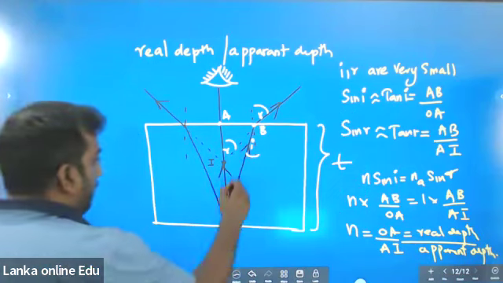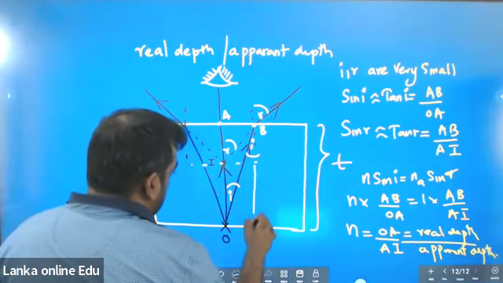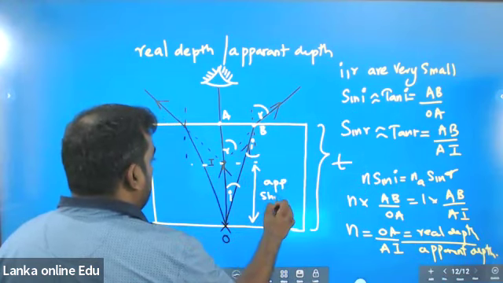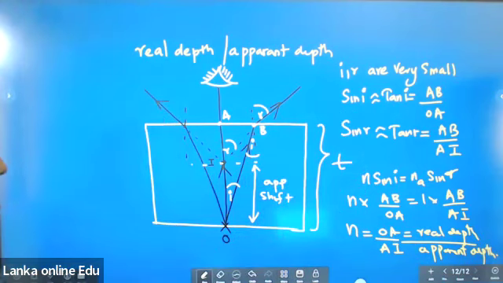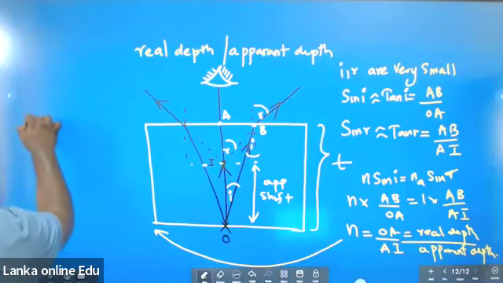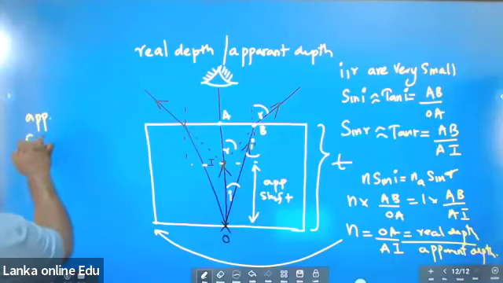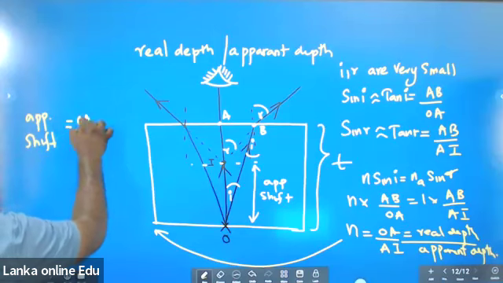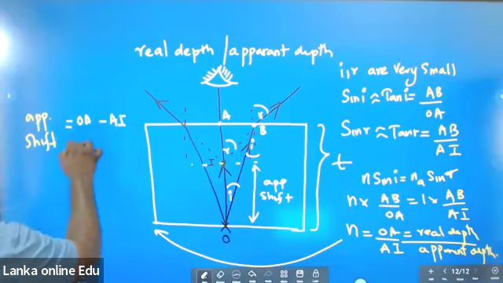Look at this carefully. What do you call this distance? This is called the apparent shift. So if I write it from here, apparent shift is equal to OA minus AI. What is AI?